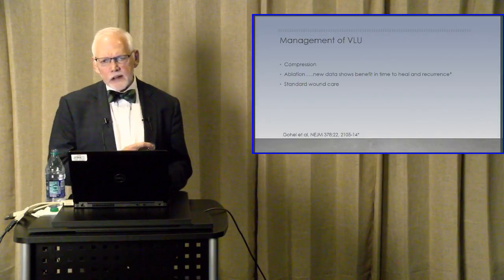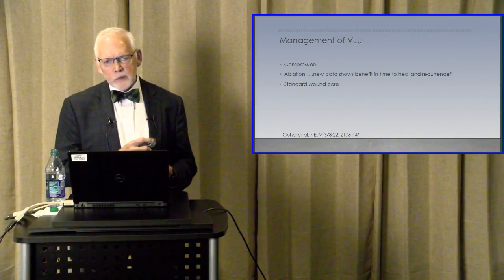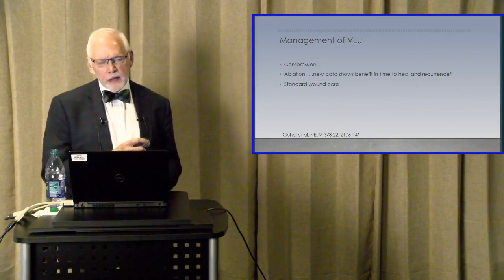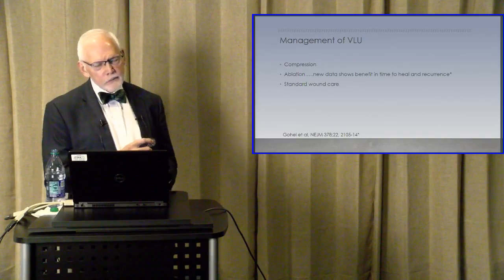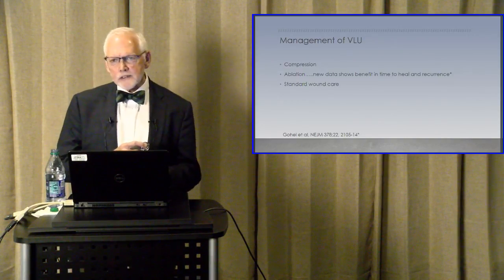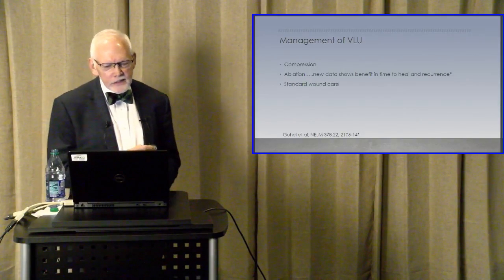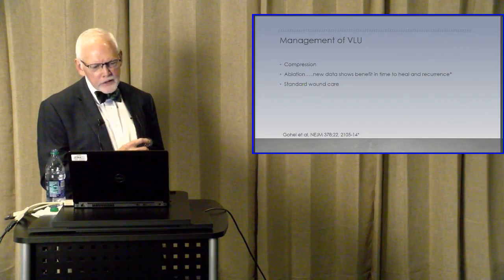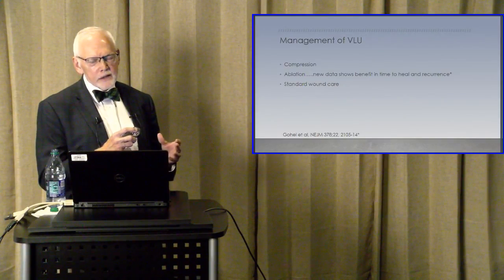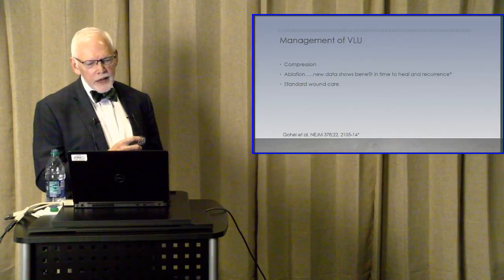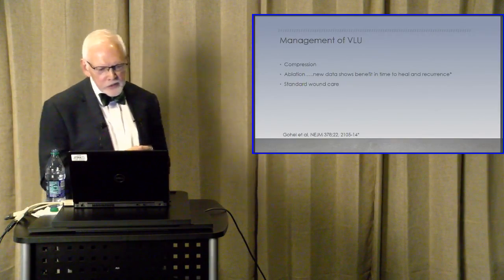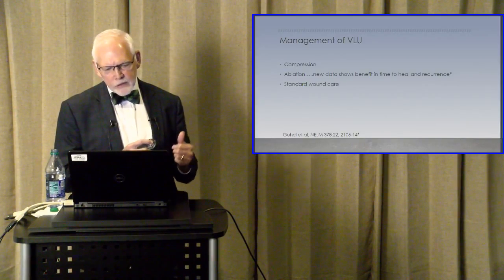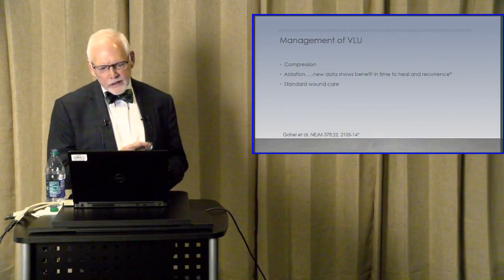There are 2-layer compression, long stretch compressive bandages, 4-layer bandages, 2-layer light bandages, 4-layer light bandages, short stretch bandages like the old Uniboot that doesn't stretch a lot but depends upon the calf muscle pump. So when you get up and walk about and you're pumping your calf muscle, then the Uniboot helps you send blood back in the right direction up toward the heart.